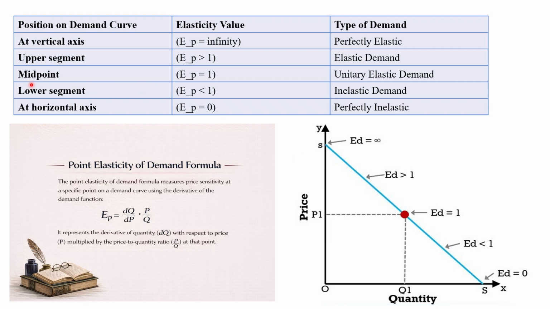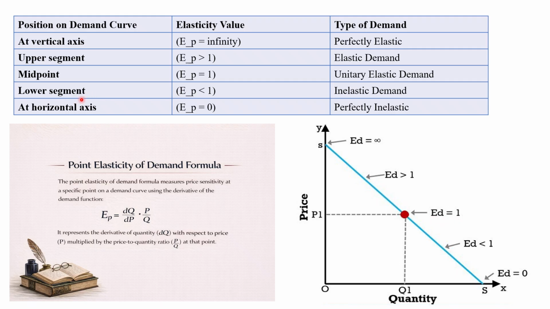Now, third is the midpoint, where elasticity of demand is equal to 1, which means that the percentage changes in price and quantity are the same. It means a 10% change in quantity demanded and a 10% change in price. So here it is equal to 1.